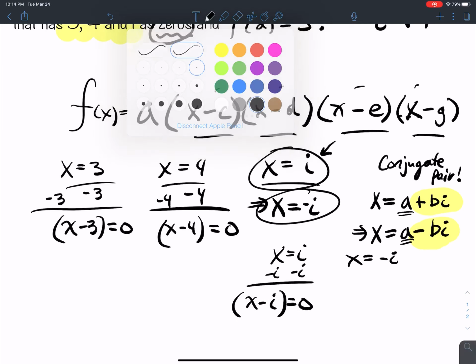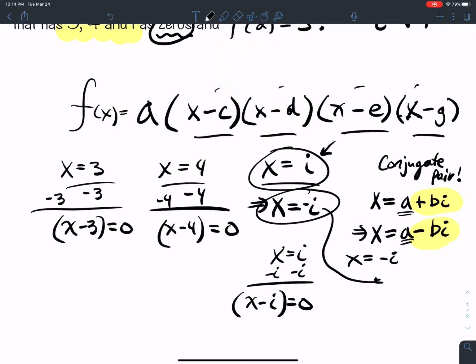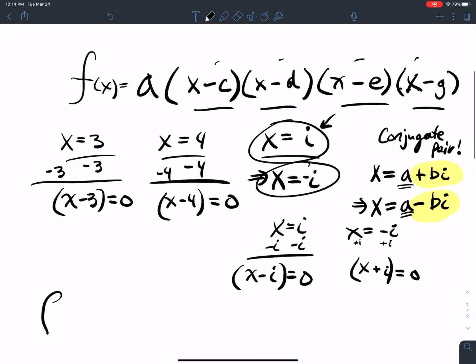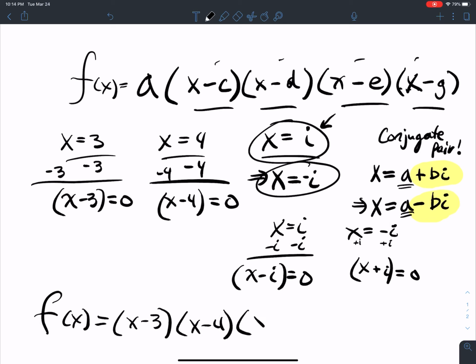And this second one here, it's x, and then if I add i to both sides, I get x plus i equal to 0. Okay, so now I have all 4 factors. f of x equals x minus 3 times x minus 4 times x minus i times x plus i.